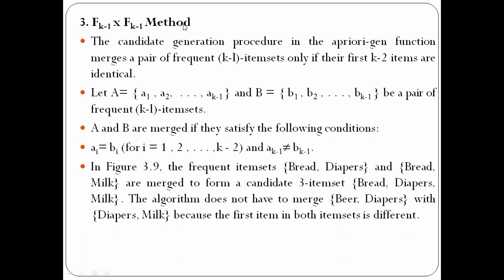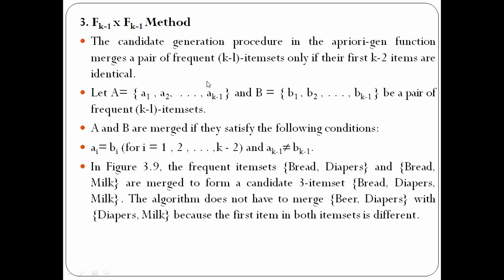Here the apriori-gen function will be generating the candidates by performing the merge of a pair of frequent k-1 item sets. This merge will be done only if the first k-2 items are identical. So if you're finding C3, the candidate 3 item sets, then the first item must be the same.